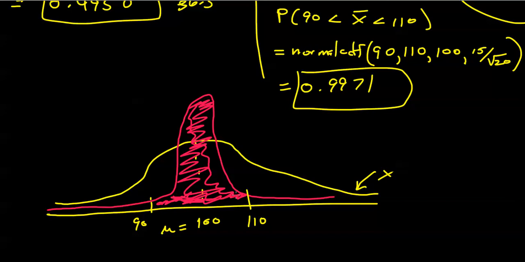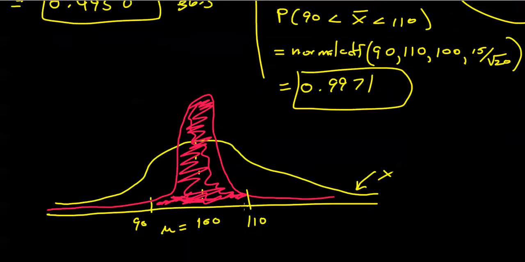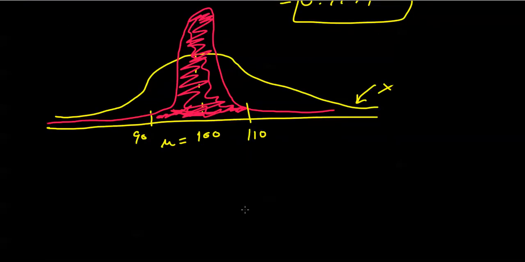So the answer to part B is greater than the answer to part A because we are talking about limits containing a neighborhood of the population mean. Let me summarize that.